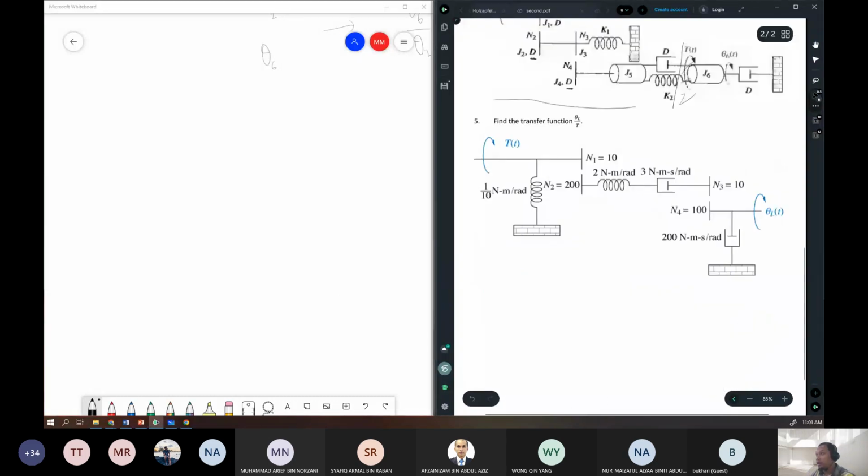In question number 5, we have theta L. We want to find theta L over T. Theta L is on the last shaft, but T is in the first shaft. So we have the middle shaft here. If you look at the middle shaft first, we have spring and damper connected in series. What I said earlier, if you have connection in series, the point in between them has a degree of freedom.